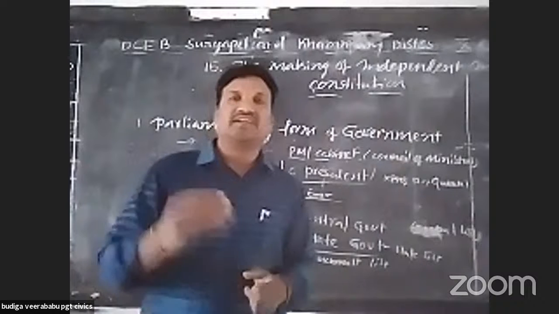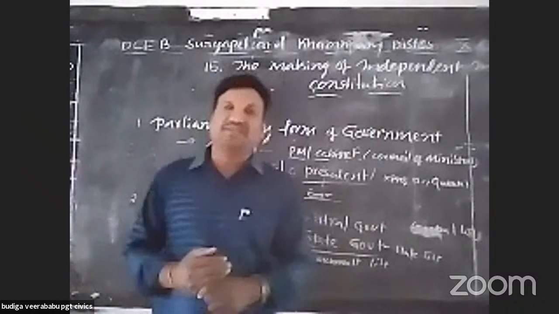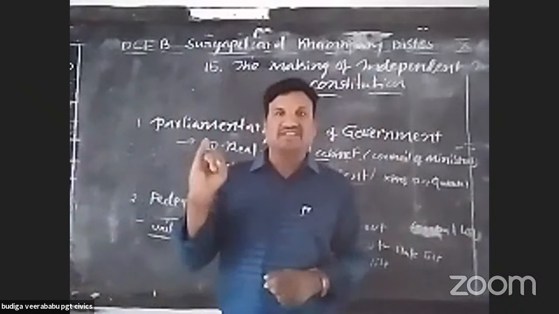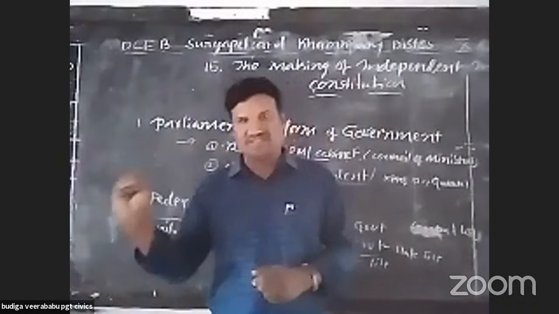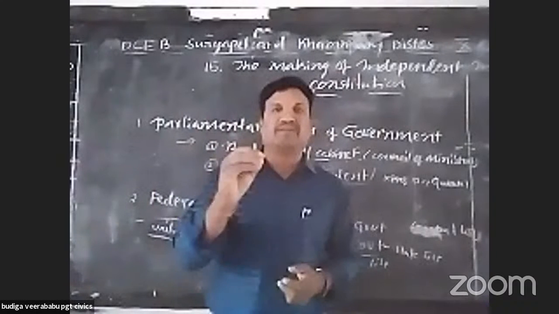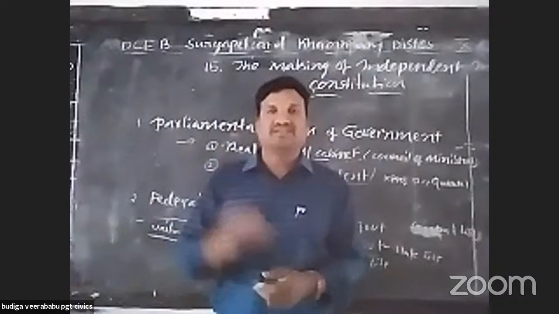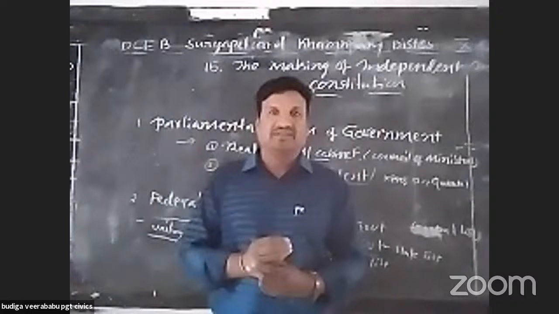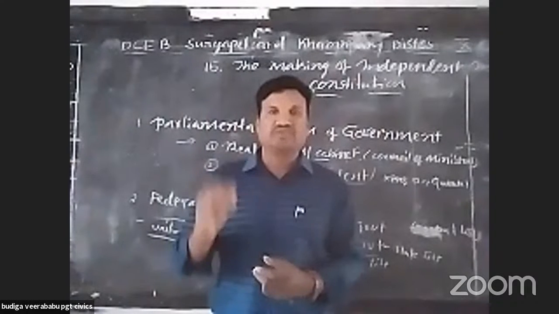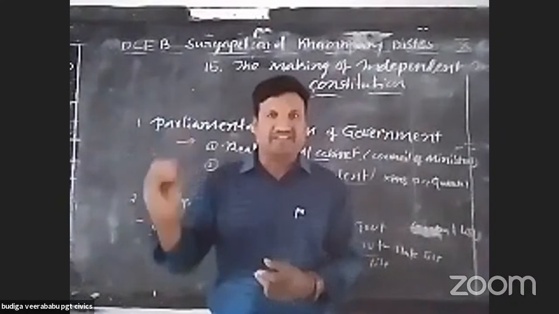So what are the features of the parliamentary form of government system? All powers are vested in the hands of the prime minister and his council of ministers. That means the parliament is the hero. The prime minister is the hero because in a democracy, the representatives who are elected by the people are the real heroes.